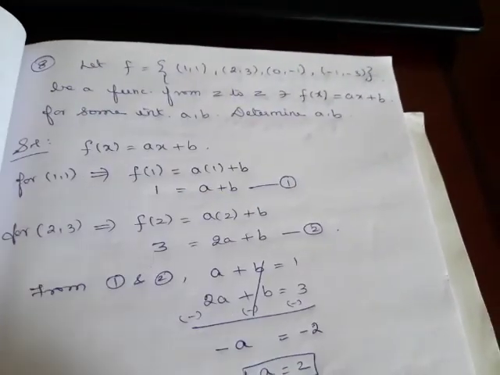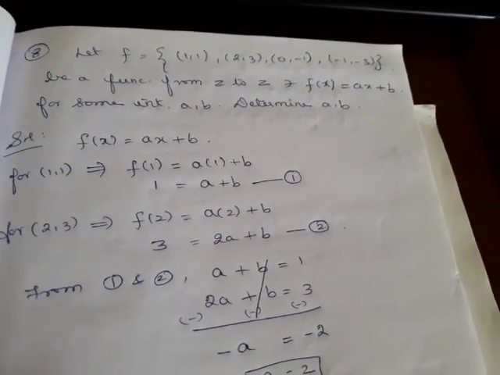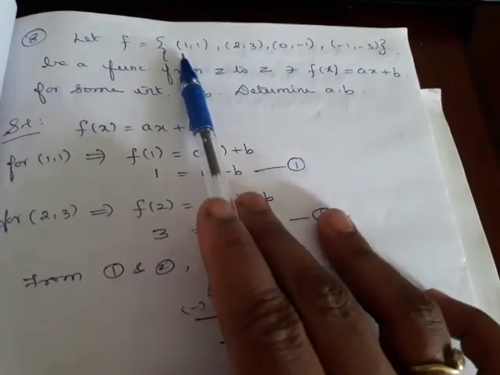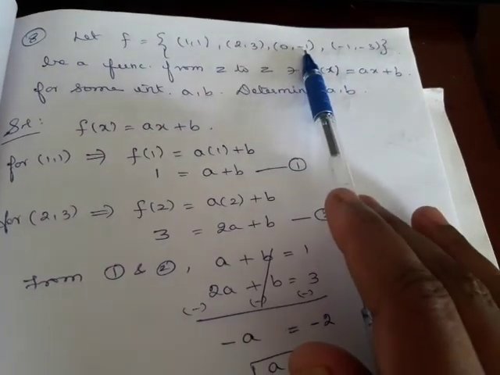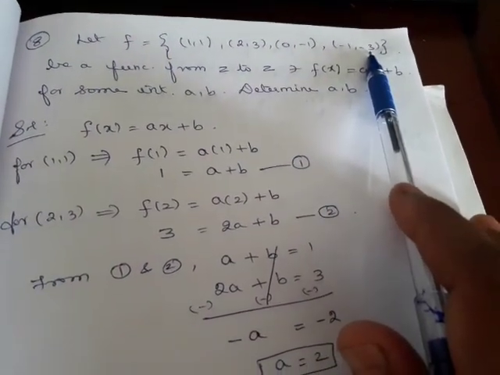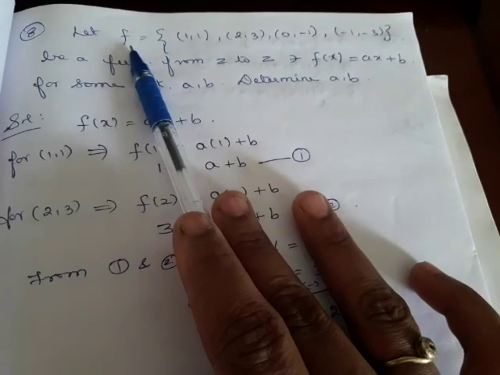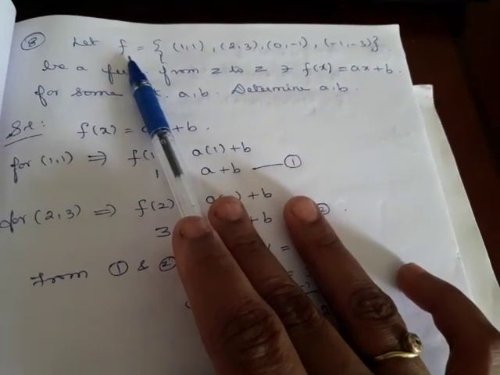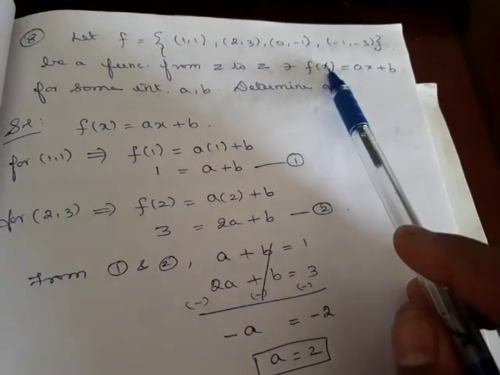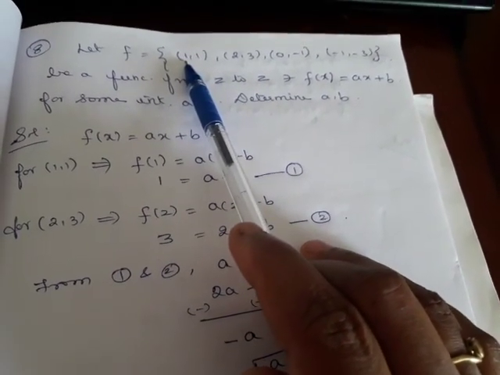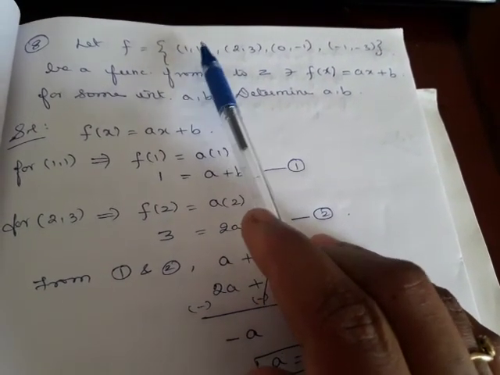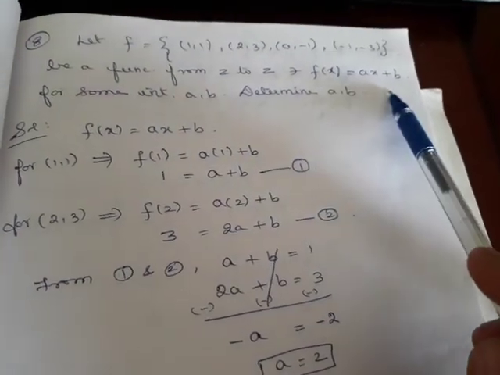This is also quite simple and easy. From the ordered pairs, what we understand is that 1 is mapped to 1, 2 is mapped to 3, 0 is mapped to minus 1 and minus 1 is mapped to minus 3 under the function f. What does it mean? In the functional value, in the place of x, if I substitute the first element of the ordered pair, I will get the second element as my answer.